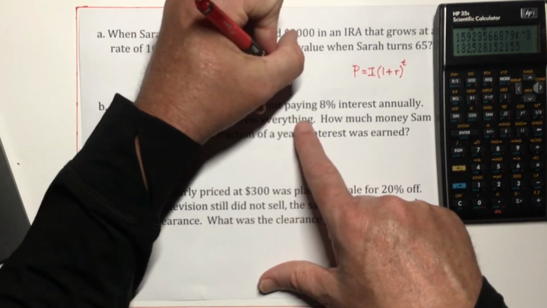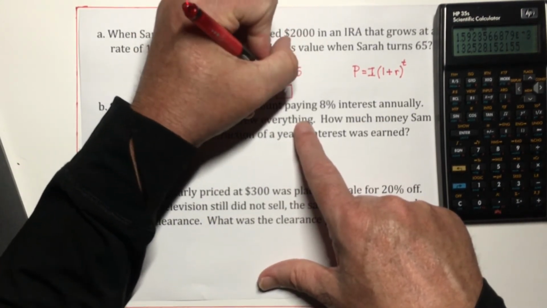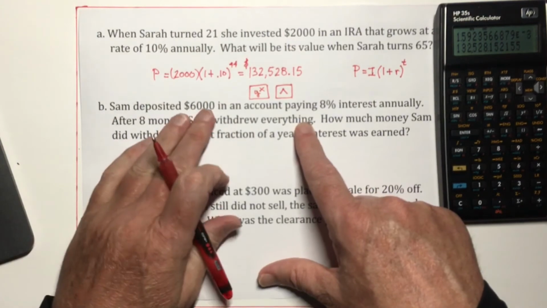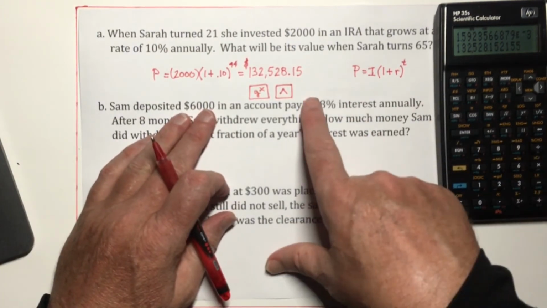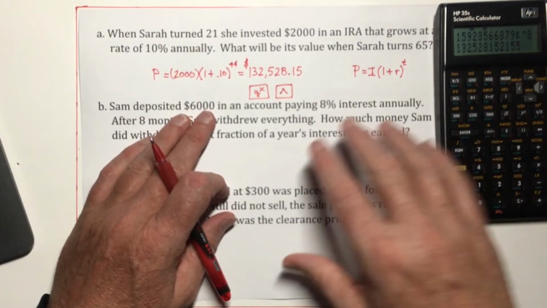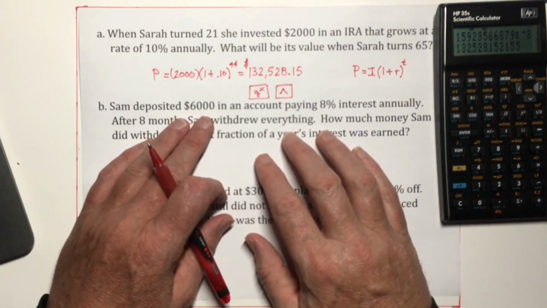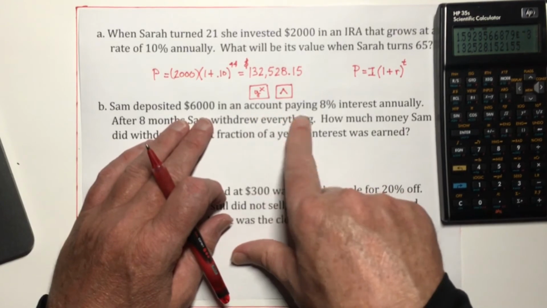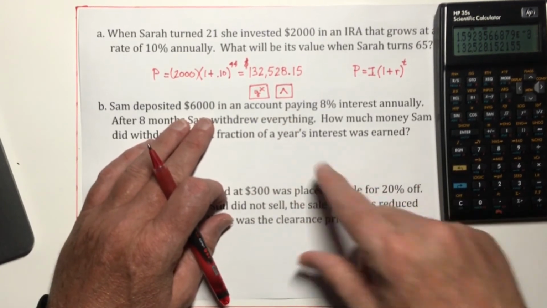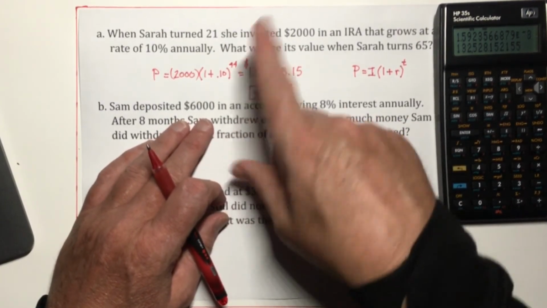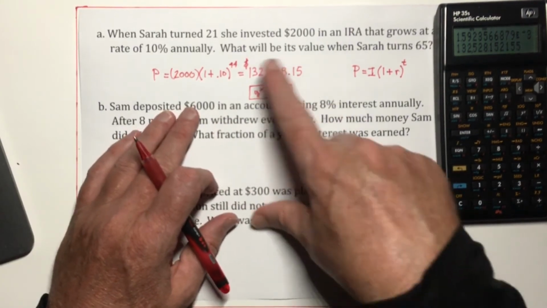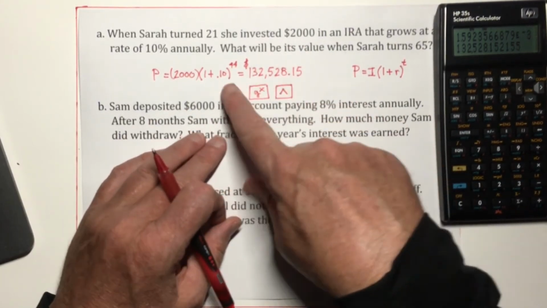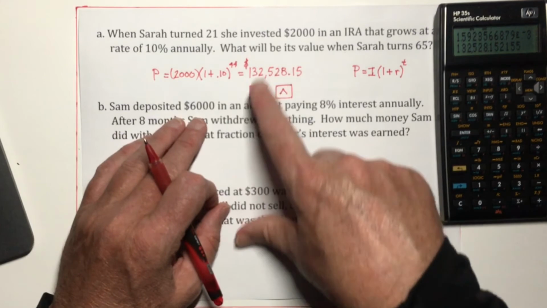On your calculator, a lot of the newer calculators will just have a caret symbol. So you'll just put in the 1.1 caret 44 equals. And you might have an x to the y. It varies, but there'll be some way on your calculator to do that, raising to any power you like, in this case 44. So tinker around with it, make sure you understand how this works. You should get that answer, then you know you're doing it right.